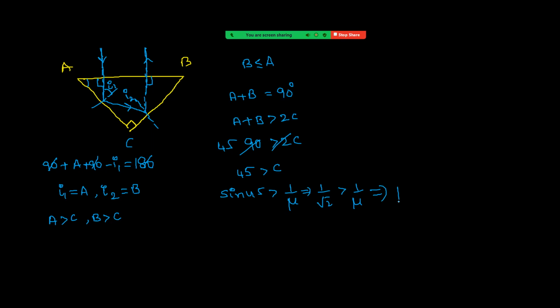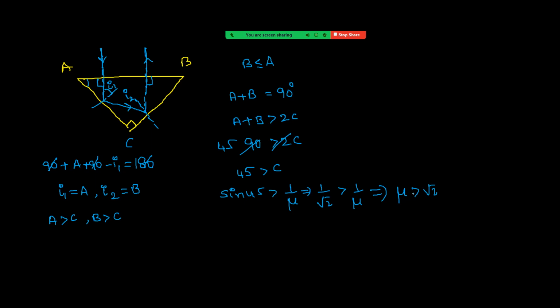So this implies mu is greater than root 2. That means it's asking for the minimum refractive index. The minimum value is root 2. If A is slightly greater than C and B also slightly greater than C, then the sum will be equal to 2C. Then the mu value is slightly greater than root 2.